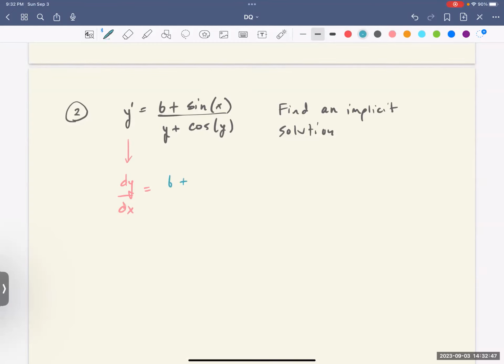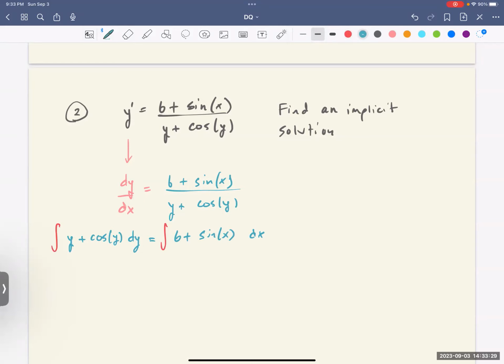So if here's our equal sign, and we multiplied both sides by this denominator here, then we'd end up with y plus cosine y dy on the left. On the right, we'd have 6 plus sine of x, and then we're moving the dx over, and then we need to integrate.